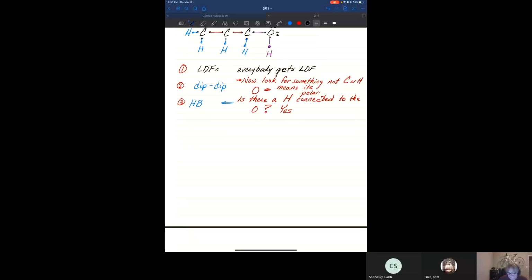So I have 2 and 3. One more quickie example, and that's acetone. So CH3, CO, CH3. One of the hints that the lab report gives you is it tells you what the skeleton is.